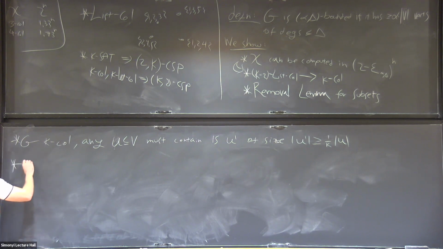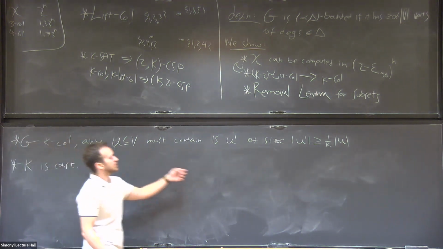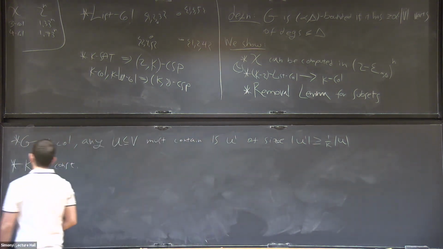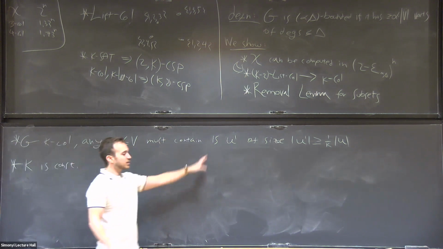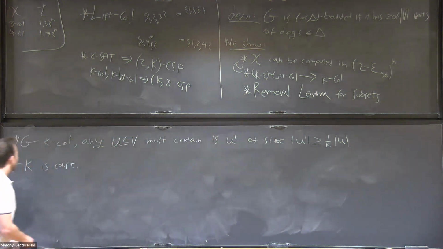The first assumption is that K is constant as well, because I want to be able to say that the naive thing is already large enough. Whenever I say that something is large, I mean it is of linear size, proportional to the number of vertices. If K is a constant, then this is still large.